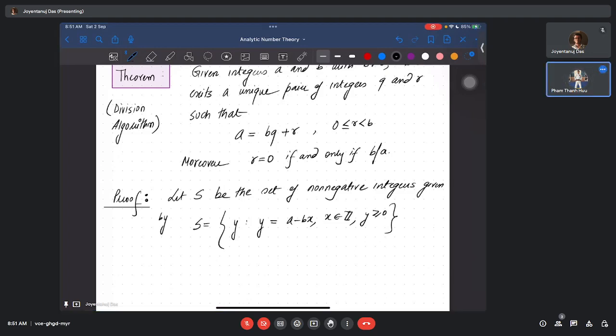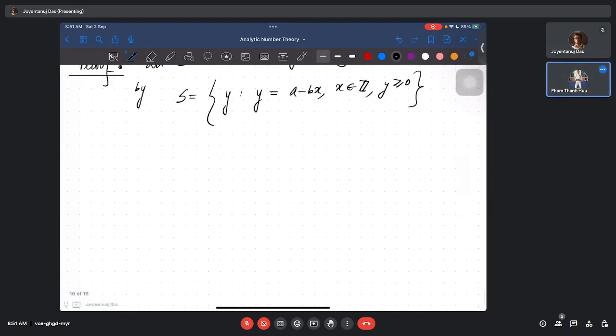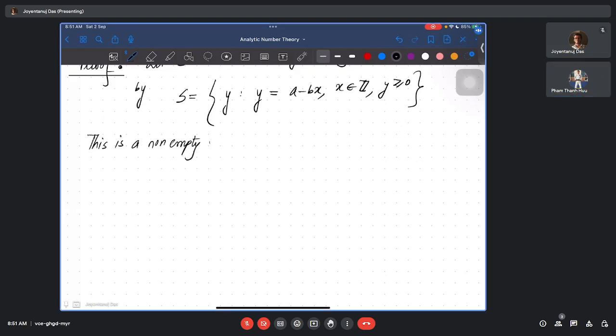So this implies by the well-ordering principle that it has a smallest element, right?